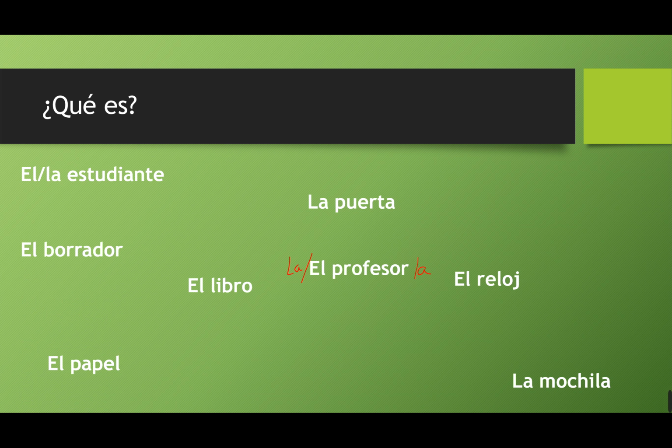El borrador, an eraser. It can also be a draft, right? El borrador de un ensayo, a draft of an essay, or it could be an eraser. I know sometimes you want to erase your entire draft, so there you go. La silla, chair. El mapa. La calculadora.